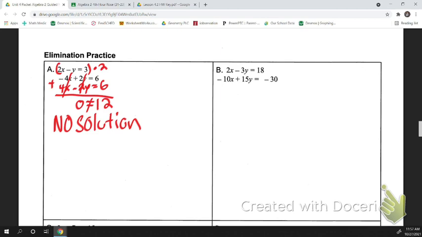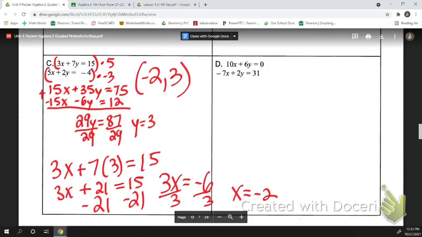Great. You and someone near you are going to do B, C, and D right now. I'll call on some people to write them on the whiteboards around the room. Ready, set, go. So B on the front board, Delaney wrote it for us and we got no solution. Give me a thumbs up if you agree.